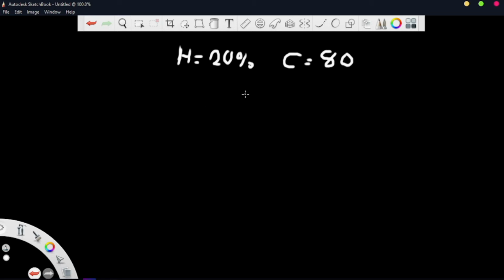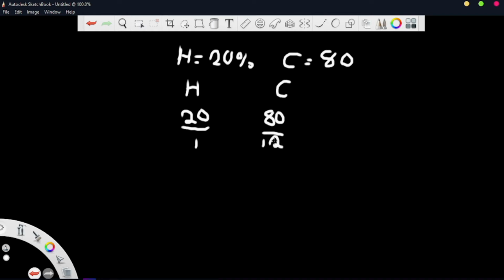So now we can write the empirical formula. I first said we write our elements, and here hydrogen is 20. The mass of hydrogen is 1. Here we have carbon 80. The mass of carbon is 12.